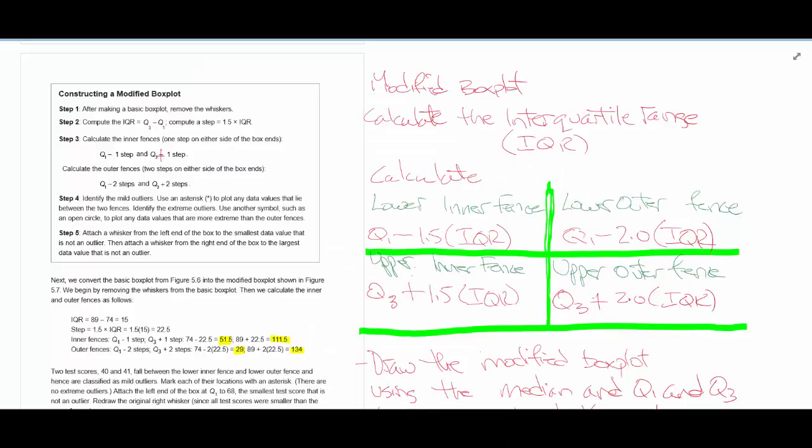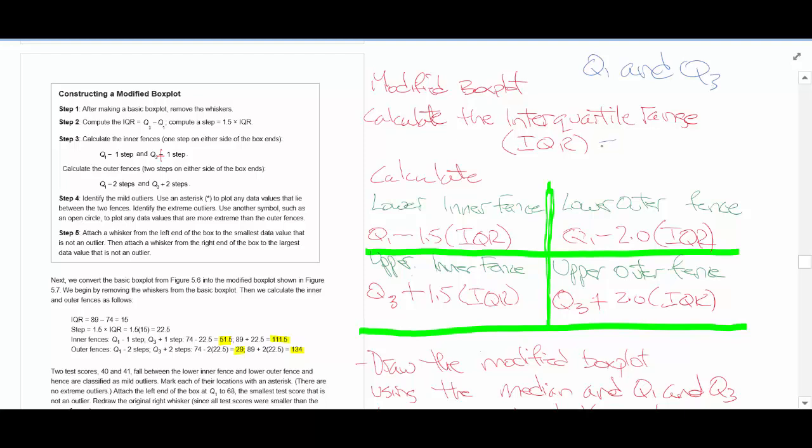A modified box plot gives more information than a standard or basic box plot. Really, the first thing you need to do, if you have not already done so, is to calculate Q1 and Q3. Once you've done that calculation, you can then calculate the interquartile range.